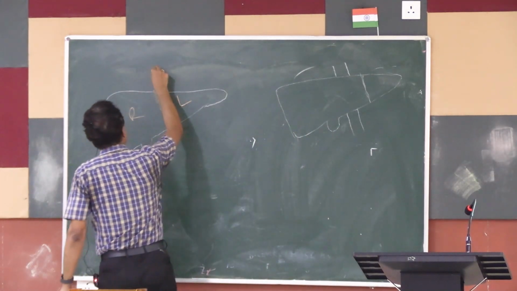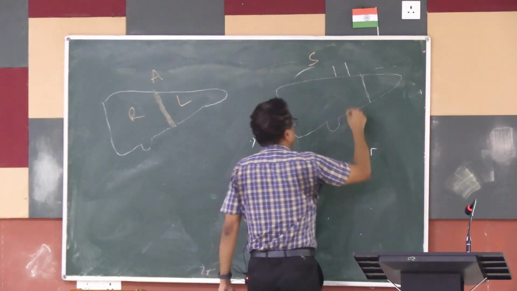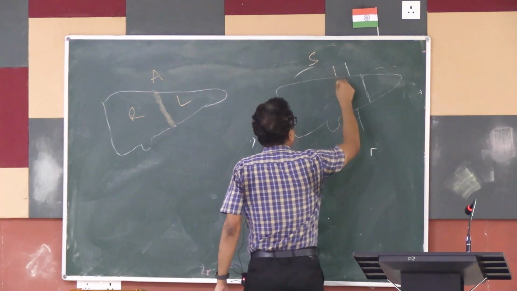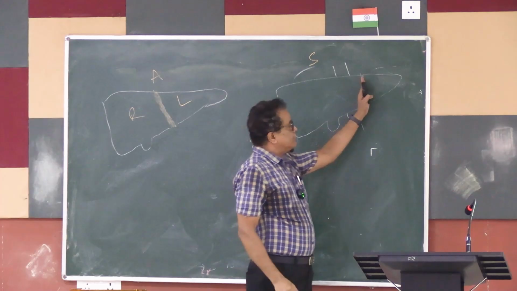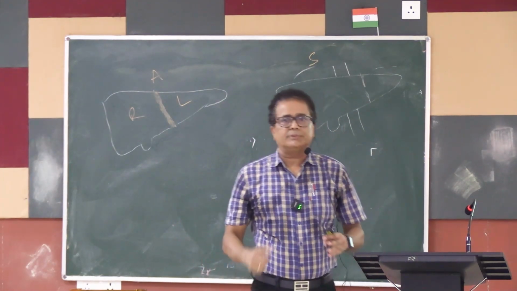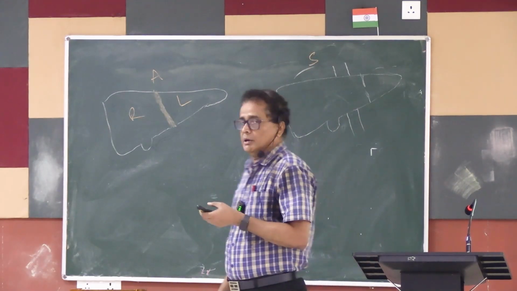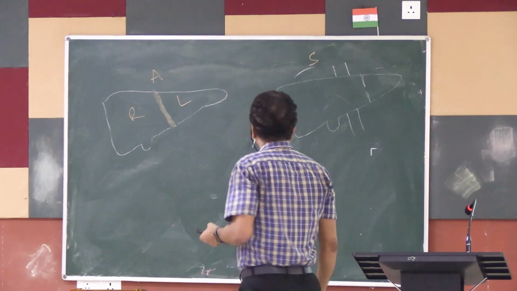This is the anatomical division and this is the surgical division. Here the falciform ligament is there. As you can see in the anatomical division, the right lobe is much larger than the left lobe. The liver tissue in the left lobe is much smaller than the right.